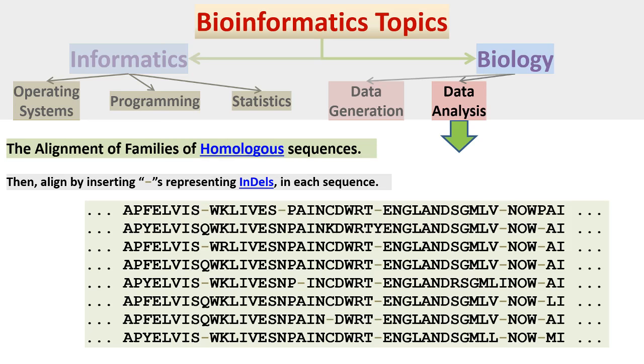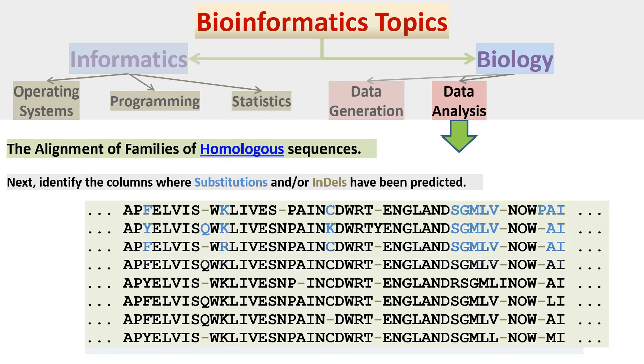The gap characters again represent either insertions or deletions, relative to the putative ancestor sequence of the family. It is impossible to distinguish between insertions and deletions unless the ancestor sequence is known, which, in general, it is not. Hence the term indel, which means a gap representing either an insertion or a deletion.